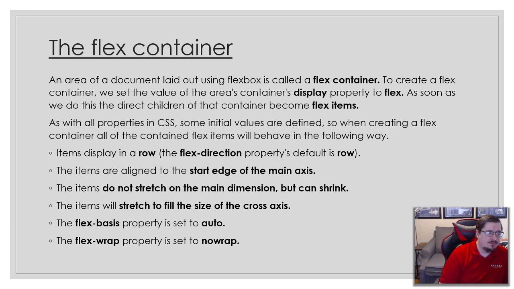Also worth noting, by default, the items are aligned to the start edge of the main axis. So if it's horizontal, that means it's to the left for us generally, versus if it's a column, that would mean the top. The top would be the start.